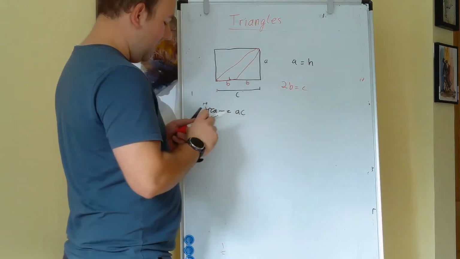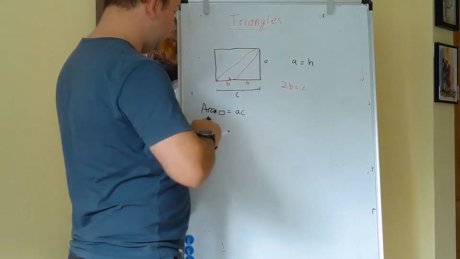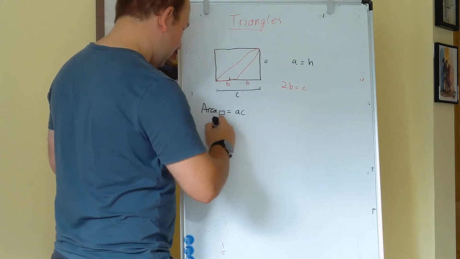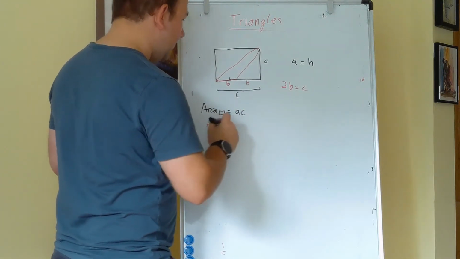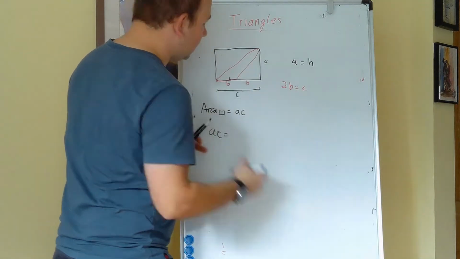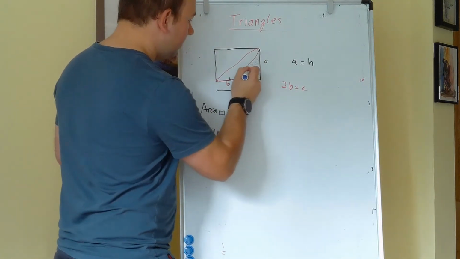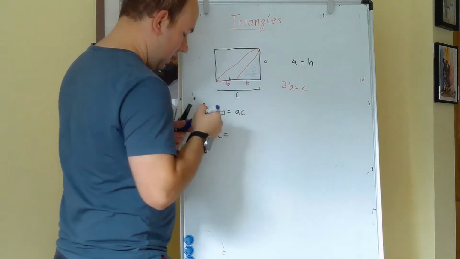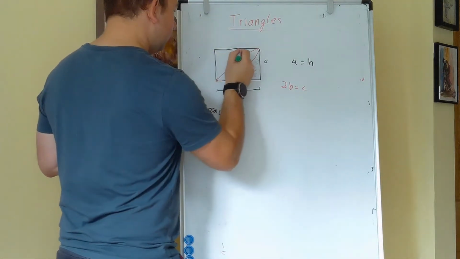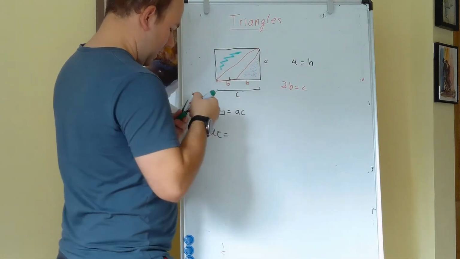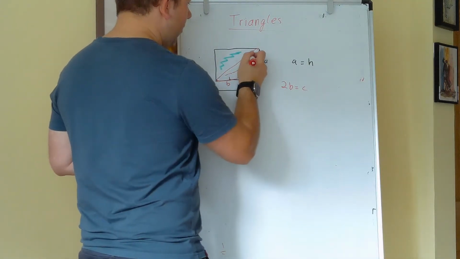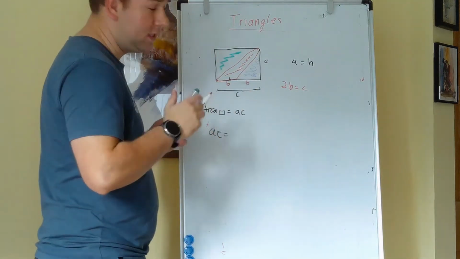So the area of this whole box, AC, which I've written here, is going to be equal to the area of this blue triangle, the area of this green triangle, and the area of the red triangle, which is the formula I'm trying to find.